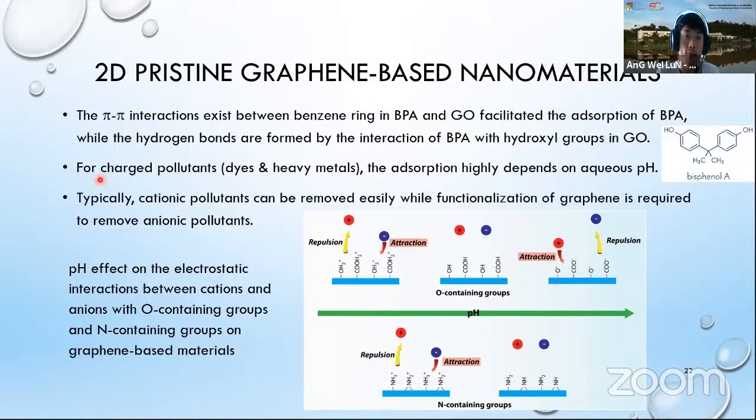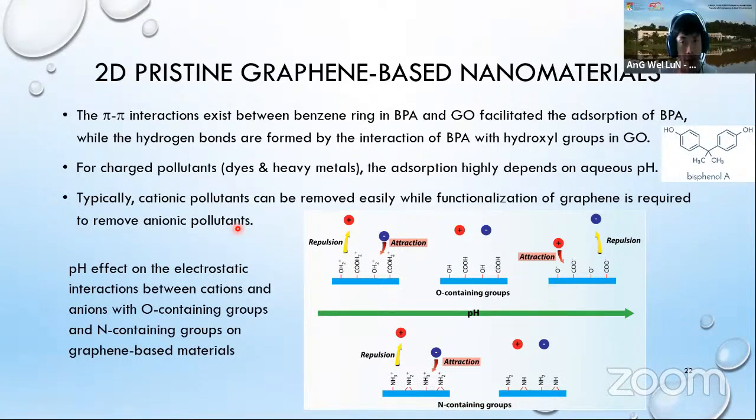For charged pollutants such as dyes and heavy metals, the adsorption highly depends on the aqueous pH. Typically, cationic pollutants can be removed easily, while functionalization of graphene is required to remove anionic pollutants. I would say that graphene-based materials, when dissolved in water, normally form a negatively charged adsorbent, at maybe above pH 4 or 5.